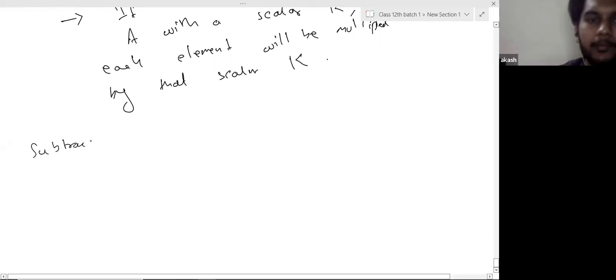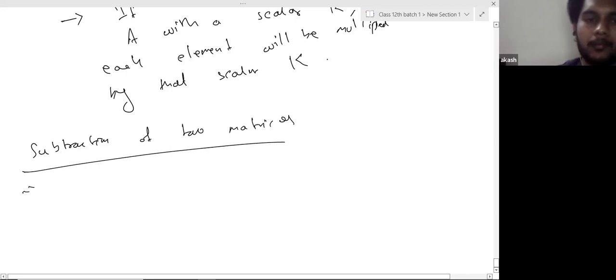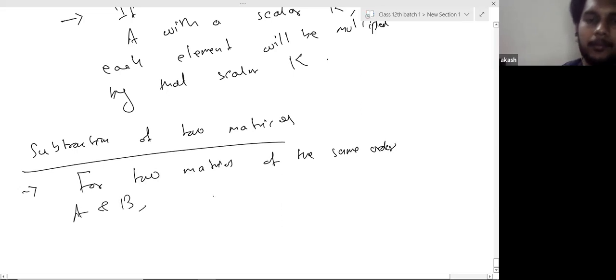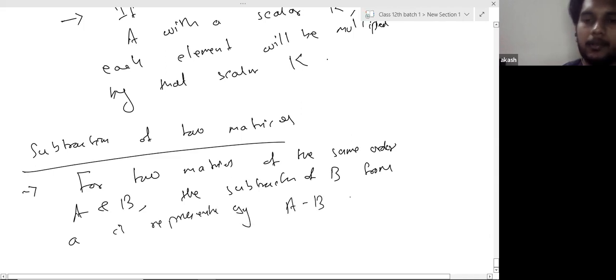Subtraction of two matrices. For two matrices A and B of the same order, the subtraction of B from A is represented by A minus B, which is equal to A plus minus B. All right.